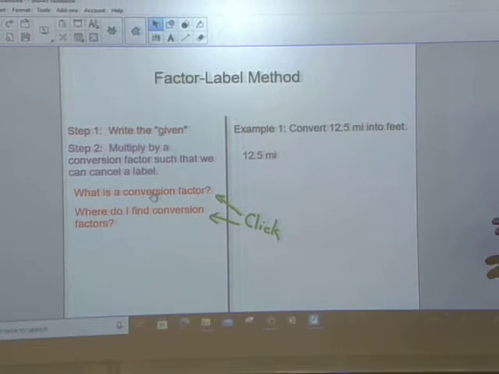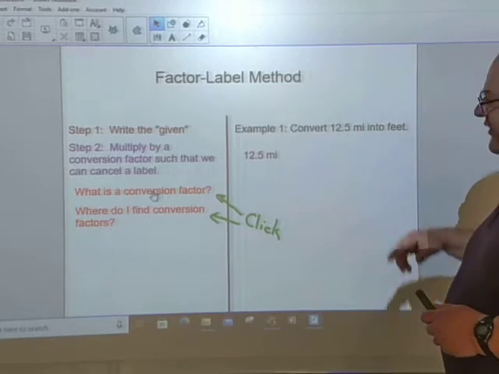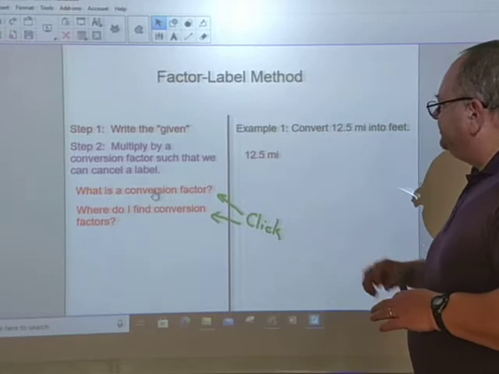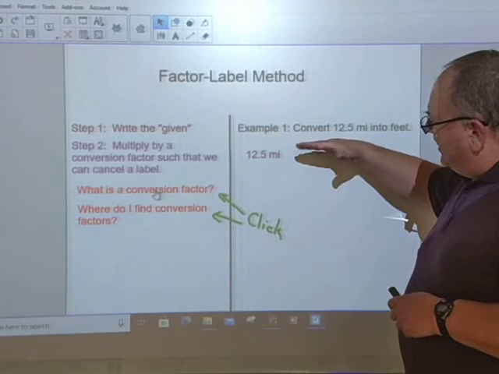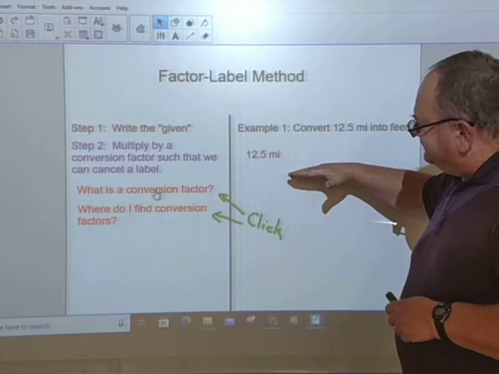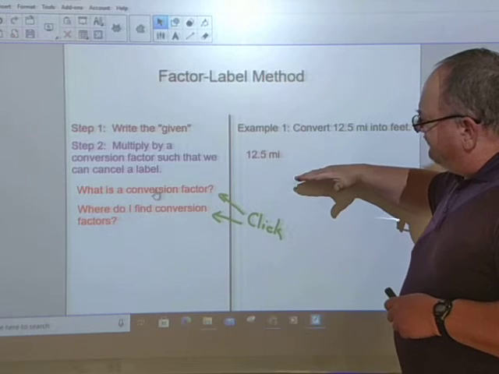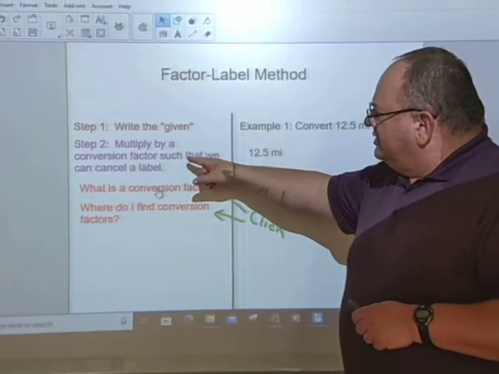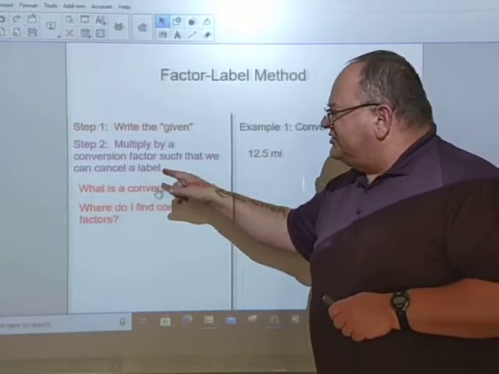So, remember, if I've got miles and feet, I know that there are 5,280 feet in a mile. So I can put either 5,280 feet over 1 mile, or I can put 1 mile over 5,280 feet. And this is where we get to the part about such that we can cancel a label.